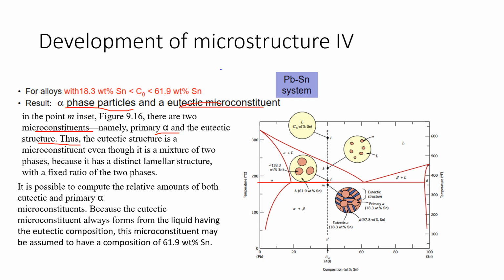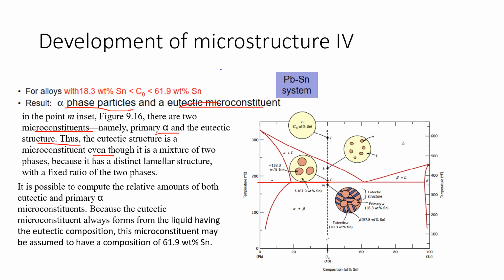The primary alpha is the round grain, and the eutectic structure consists of subsequent phase layers, the rectangular layers. One is the blue, the other is the pink. These layers are distinct from the primary alpha constituent.